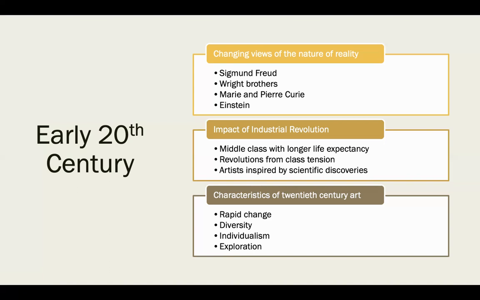You'll notice early on that there are lots of movements happening simultaneously, unlike our other art history, where we have big chunks of time dominated by one movement. There are hundreds of sub art movements going on in the 20th century, all happening simultaneously and embodying different ideas.